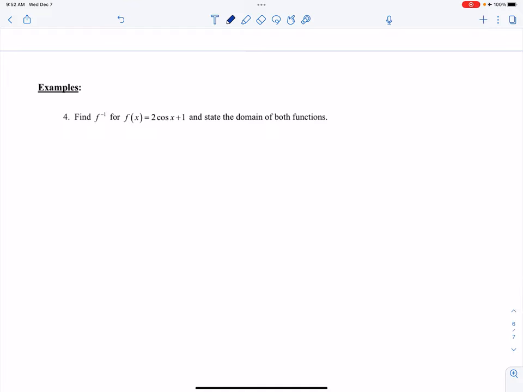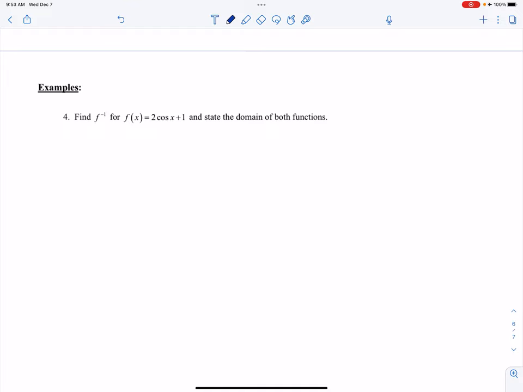Okay, number 4, this one is asking us to find f inverse for this function f. Our function is 2 cosine x plus 1, and then state the domain of both f and f inverse.